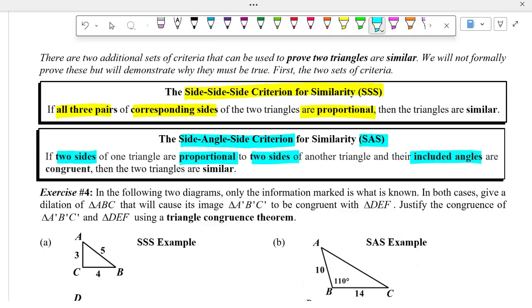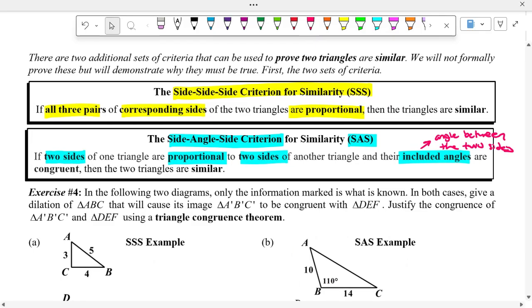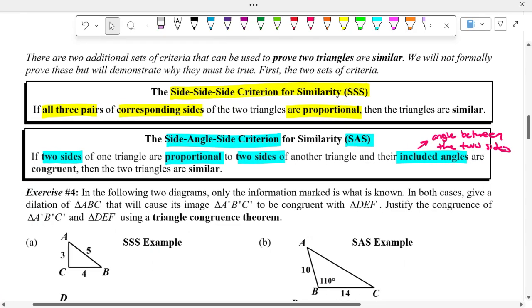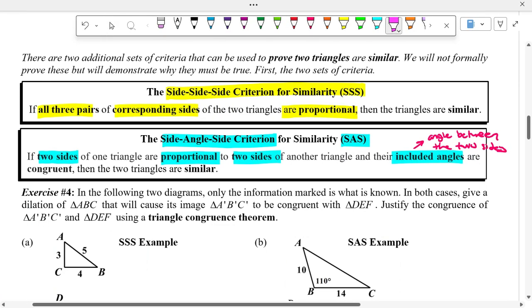And their included angles, which remember, that is the angle between the two sides, that included angle has to be congruent in order for those two triangles to be similar. So the angle part of SAS still has to be congruent, but the side parts have to be proportional.